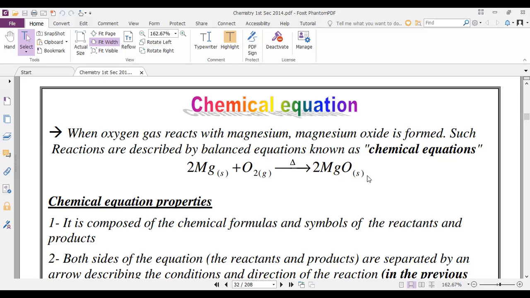This is called the conservation law of mass.